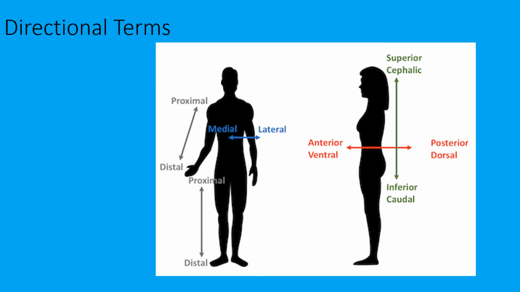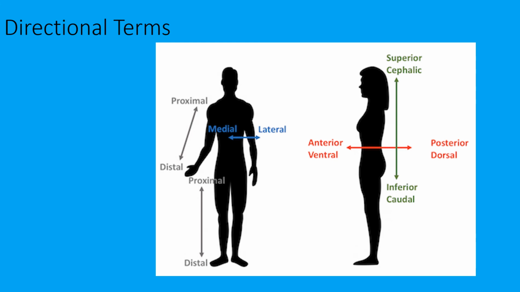The closer you move to the point of attachment, so on the arm, the shoulder, the leg, the hip, you say that's proximal. If you're moving away from it, you say it's distal. And so these are all terms that are going to be used, as I said, as directional terms, but also for comparison.